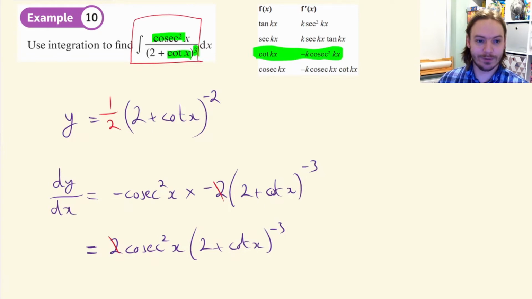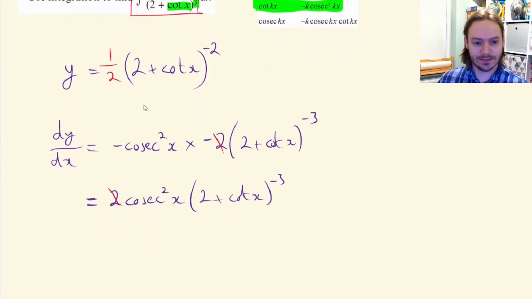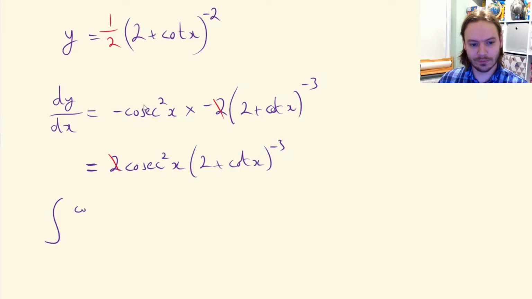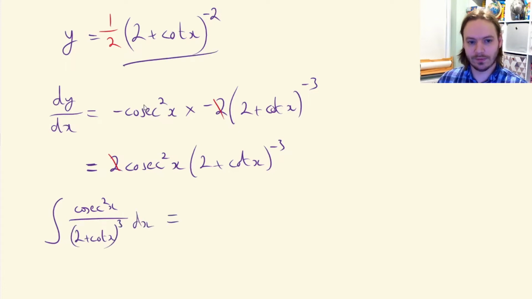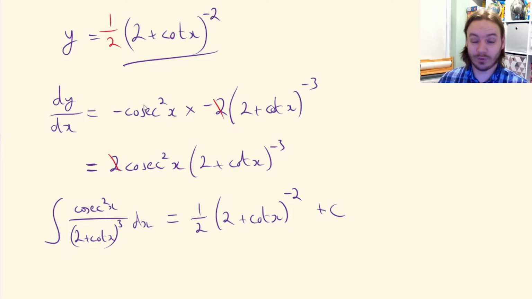And what that tells me is that the integral of cosec squared over 2 plus cot x cubed is a half of 2 plus cot x to the minus 2 plus our constant of integration, because we're dealing with an indefinite integral. So again, it's just noticing that there's a derivative in there somewhere and thinking about what that's going to look like in terms of the chain rule.